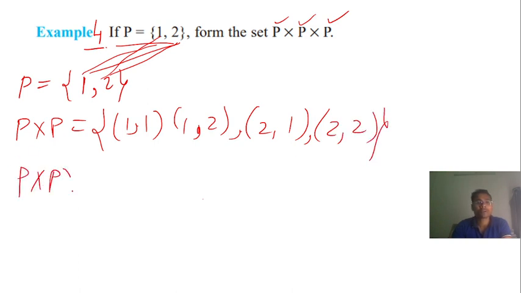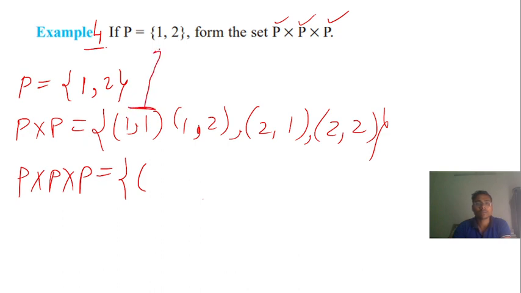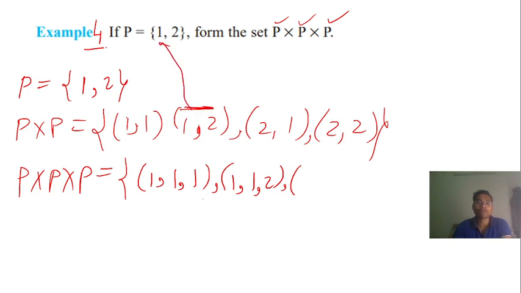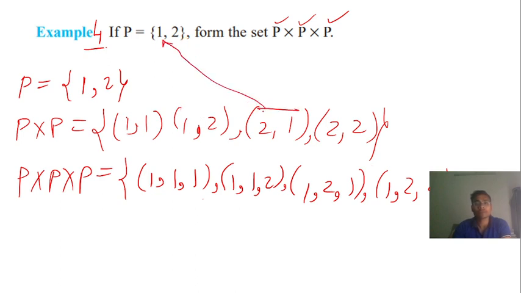Now we have to write the ordered triplet, that is P cross P cross P. So now we will map this, that is this will be given to this and this will be given to this. Okay, so 1 1 1, then 1 1 2. Now we will write this first with this and the second element with this, so 1 2 1 and 1 2 2. Similarly you can write this whole set with this and this whole set with this.